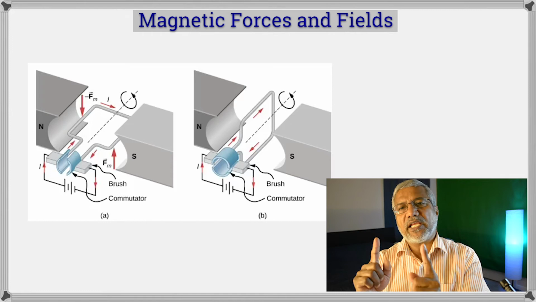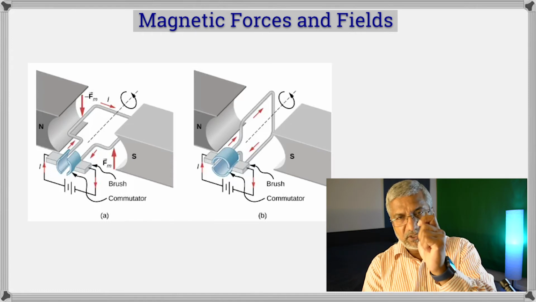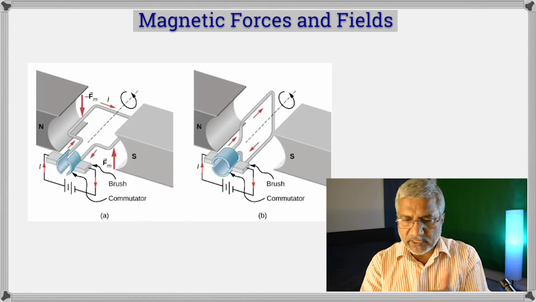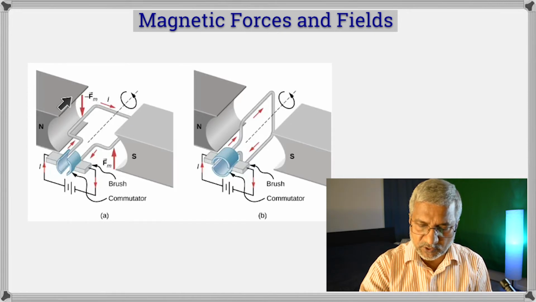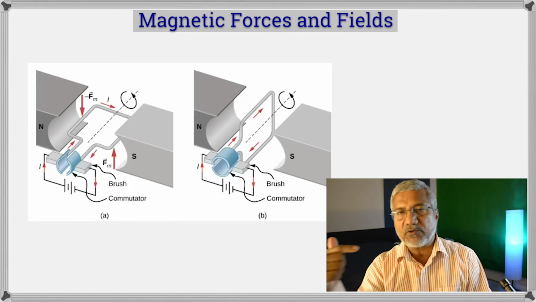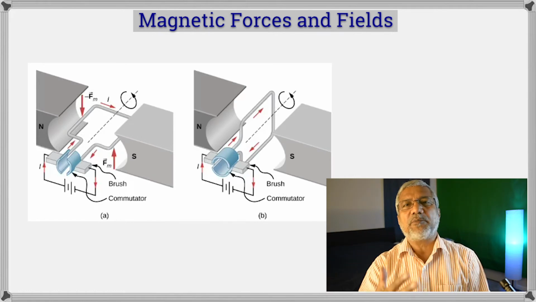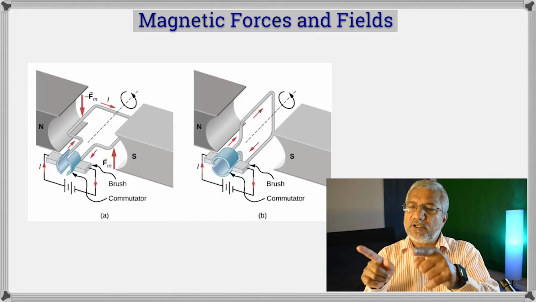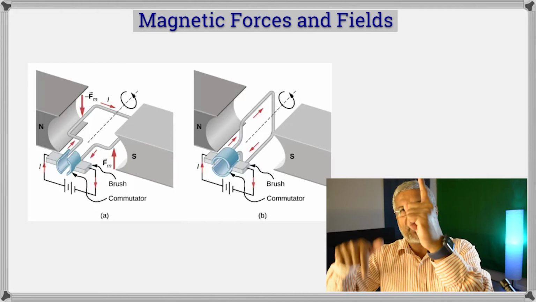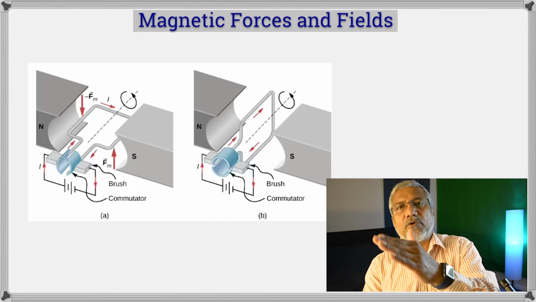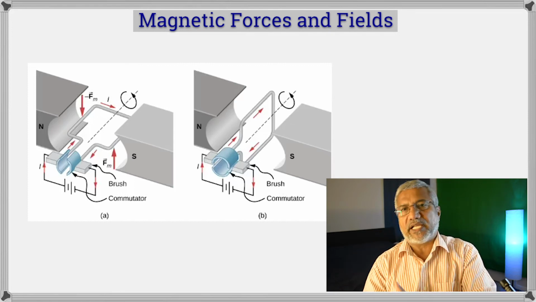So now you have an equal and opposite force acting on the loop. And what about on these sides? No force. Why? Because the current is parallel to the magnetic field. Because the magnetic field is from north to south, currents are parallel or anti-parallel, no force acts. So there's only force on the two longer sides. One force up, the other down. That creates a torque, which tends to rotate this.